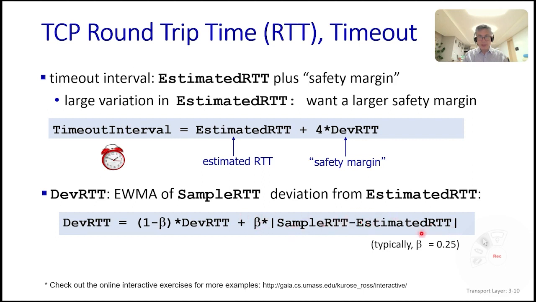This is the current deviation, and this is 1 minus beta times the previous deviation value, so we also calculate it like a moving average, like estimated RTT. Based on this calculation, 4 times DevRTT plus estimated RTT gives the TCP segment timeout value.